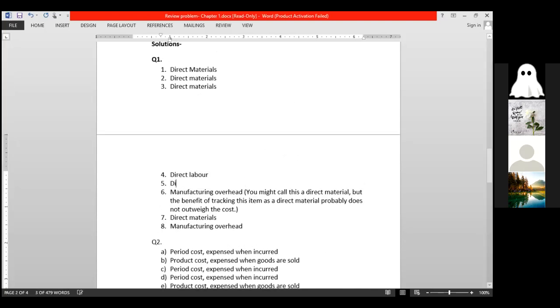We put it under direct labor. But the benefit of tracking this item as direct material probably does not outweigh the cost. What does that even mean? Okay.